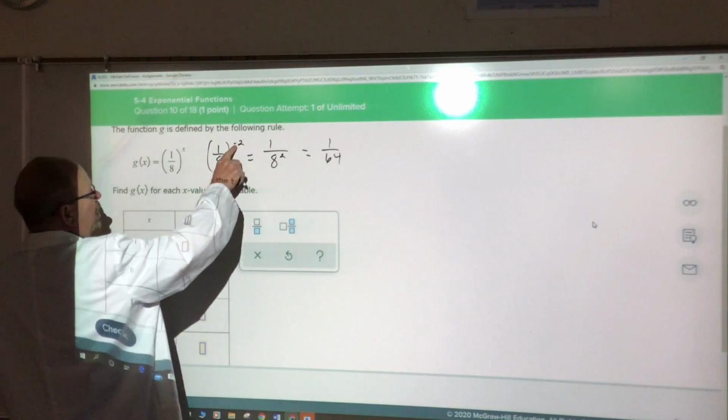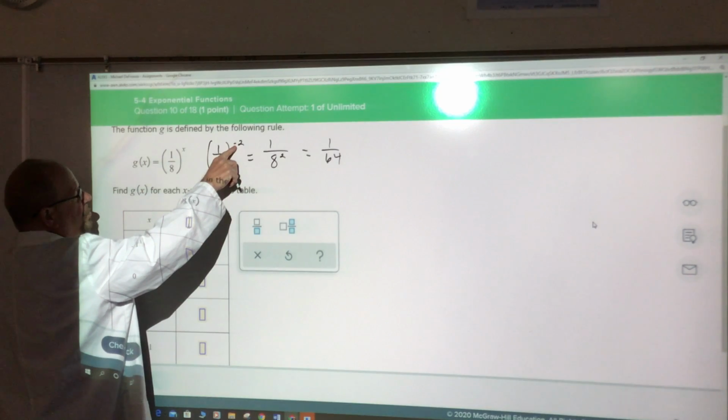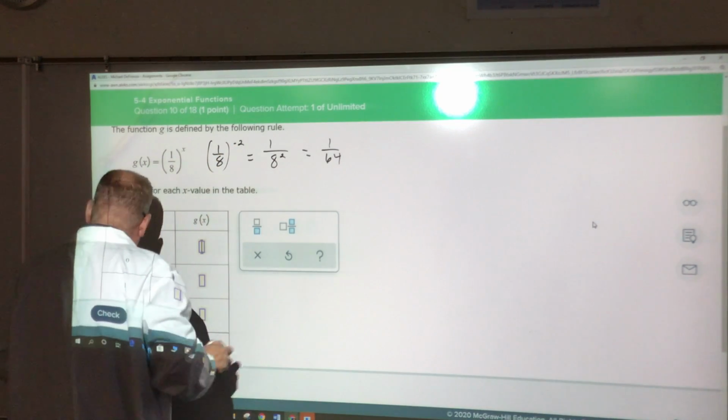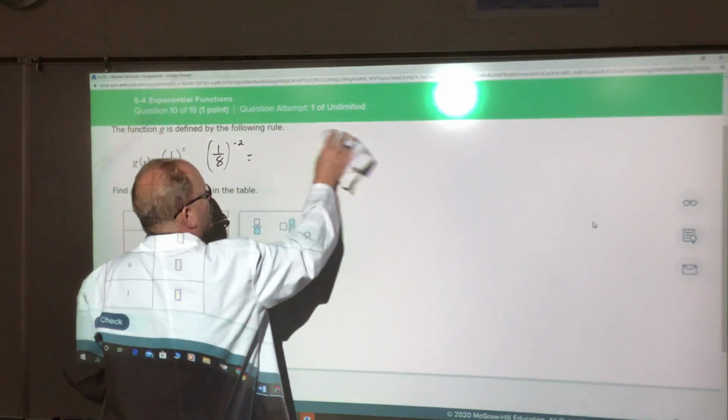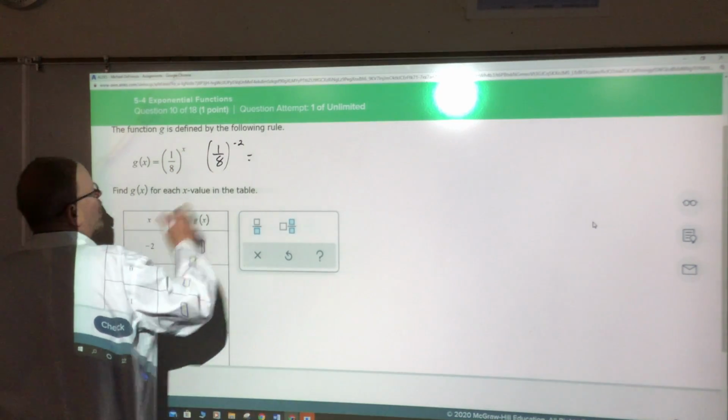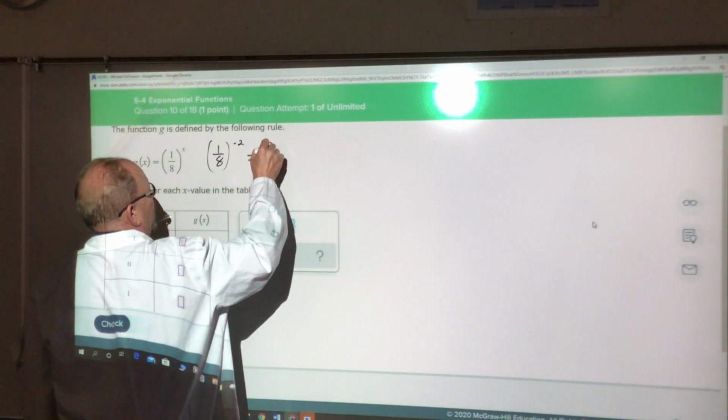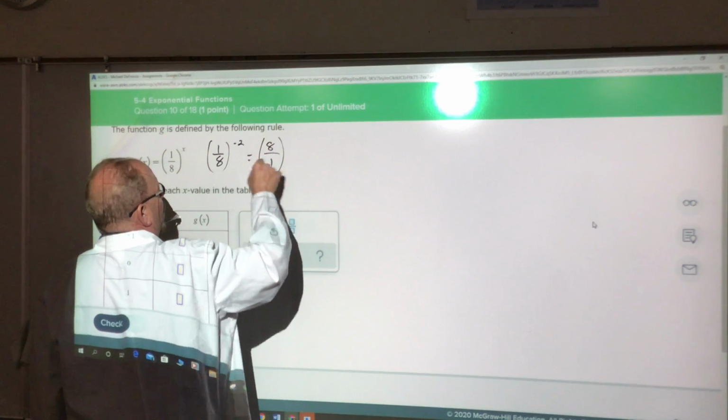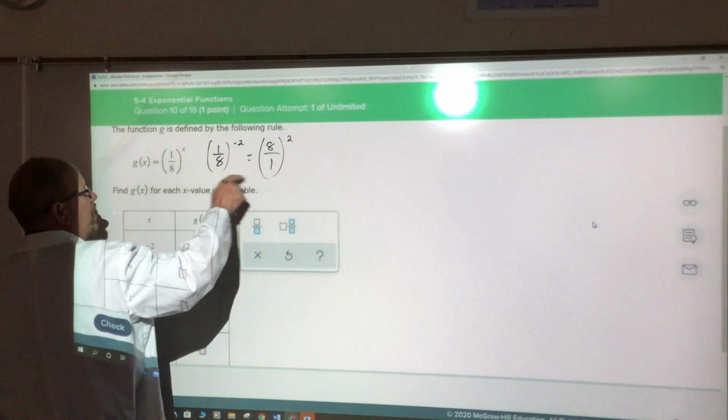Hang on a second. This to the -2. Let's erase this. This is the same as 8/1 to the +2. Reciprocate it.